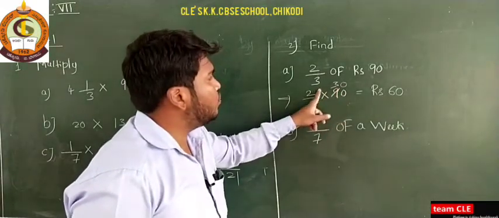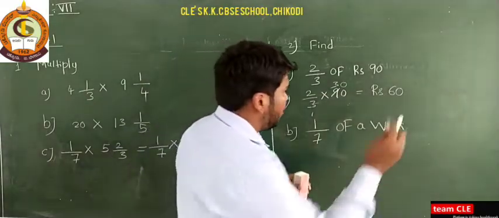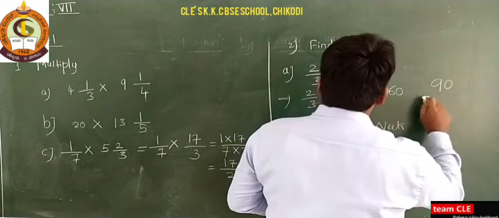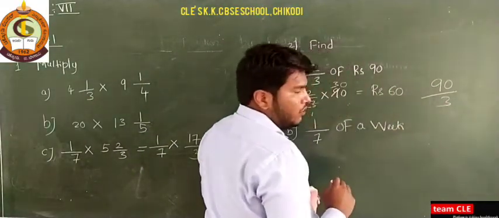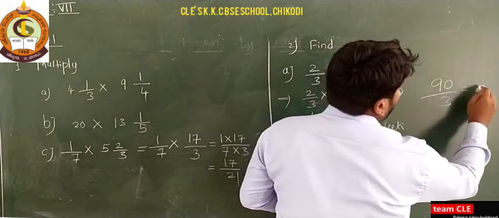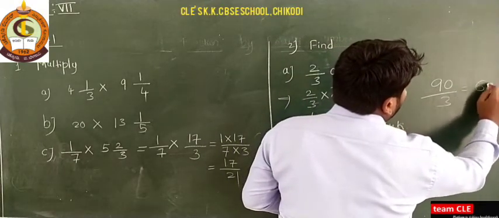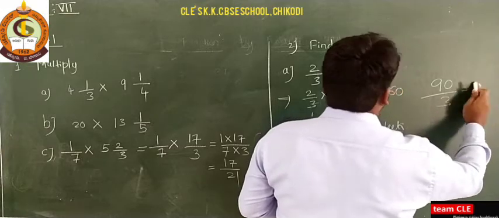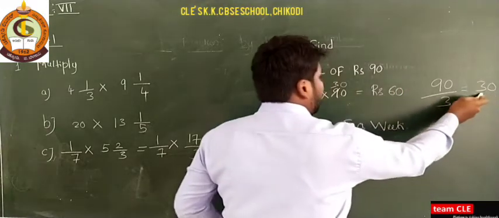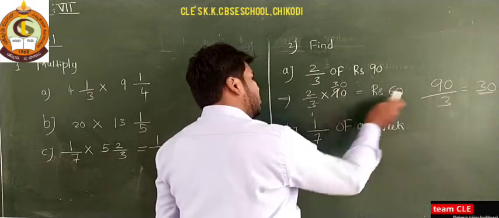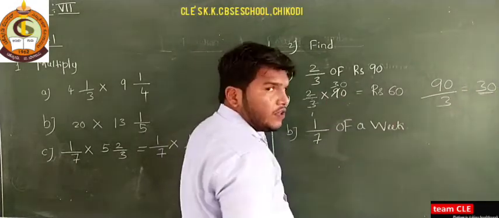Next 30 into 2, which equals rupees 60. Or you do 90 by 3 first, you are getting 30. Again this 30 you have to multiply with 2, 30 into 2 you are getting as rupees 60.